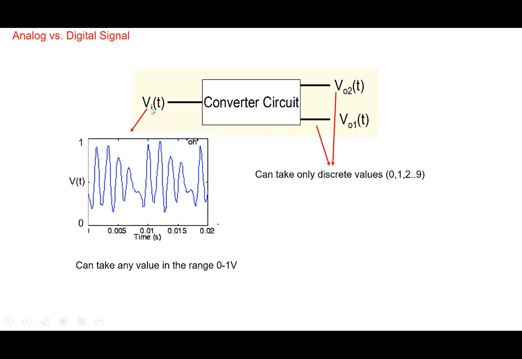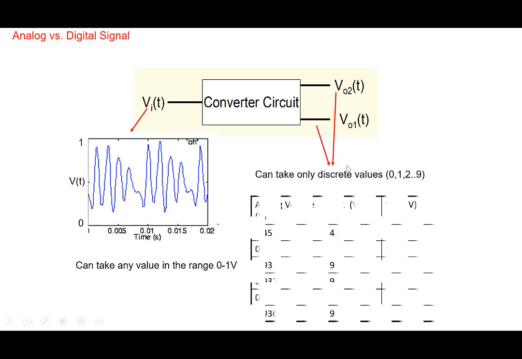So we convert our number with some converter circuit. Let's not get into the details of how we build it right now. So we convert it into a two-digit number here, and each one of those digits, these are decimal numbers, so obviously they can take any discrete values from 0 to 9 here. All right, so we are converting it into a discrete number here.